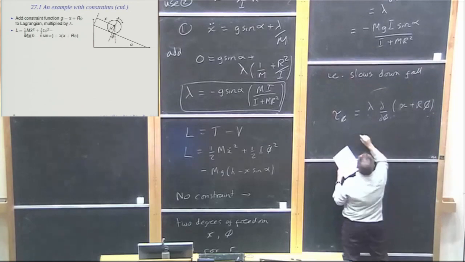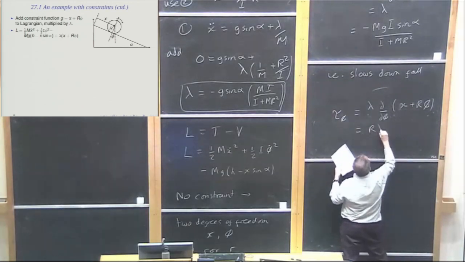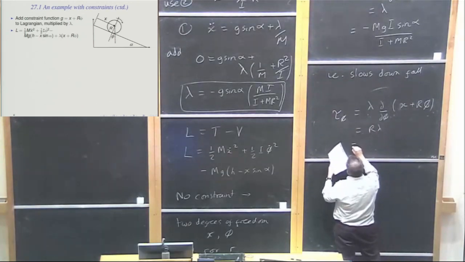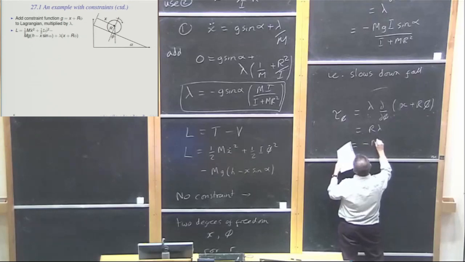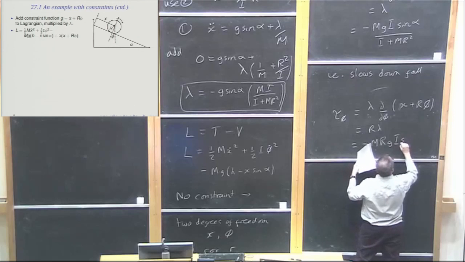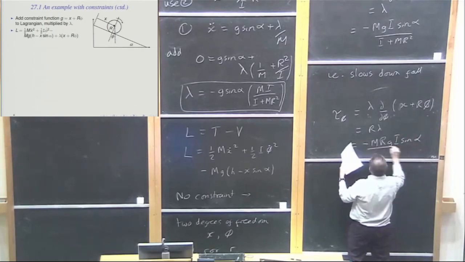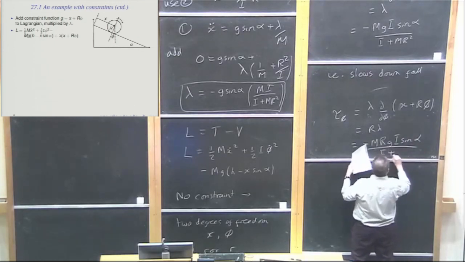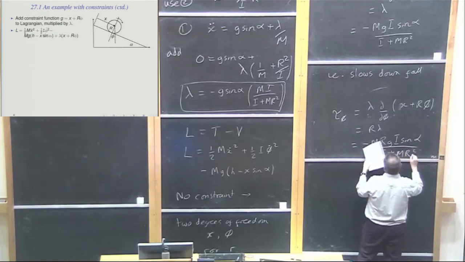So that's going to give me r lambda. So what we have here is just minus m r g I sine alpha over I plus mr squared.